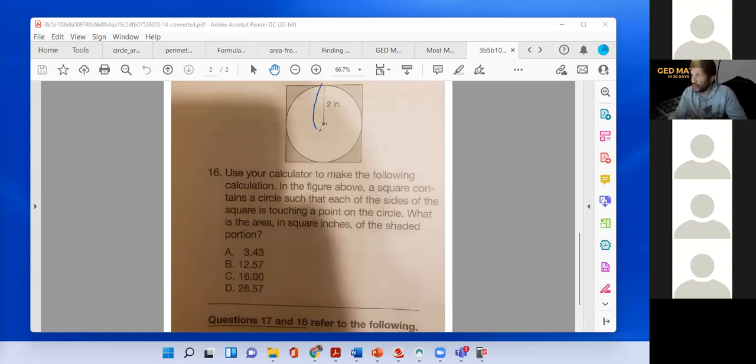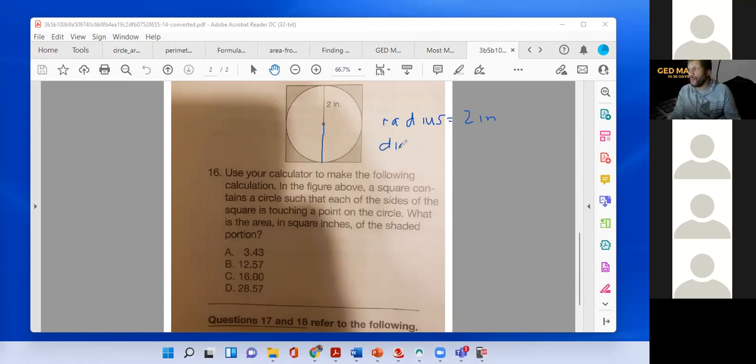What is this right here? The radius. So the first thing we know is that the radius of the circle is 2 inches. Now, let me ask you a question. If we know that the radius is 2 and this touches here, this length here is called the diameter, correct?